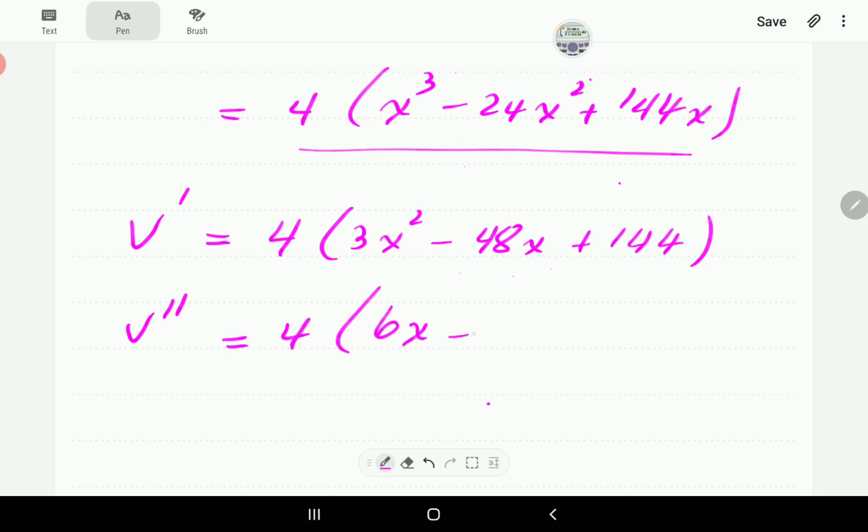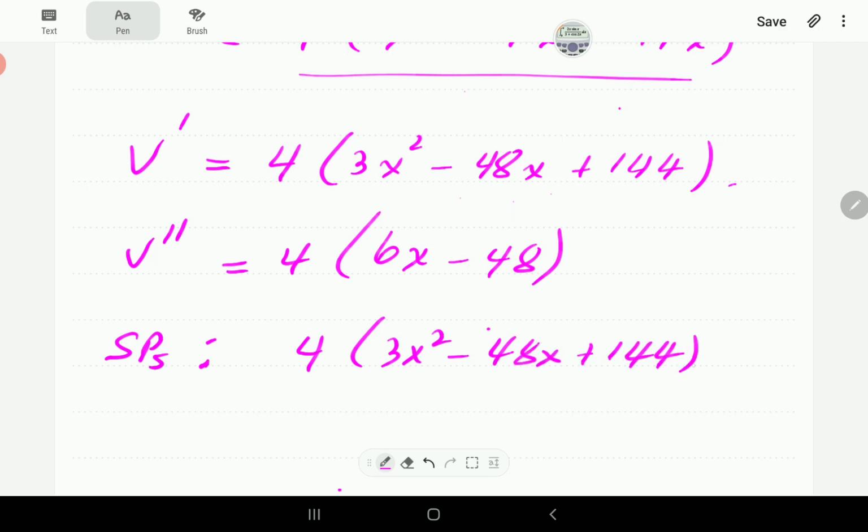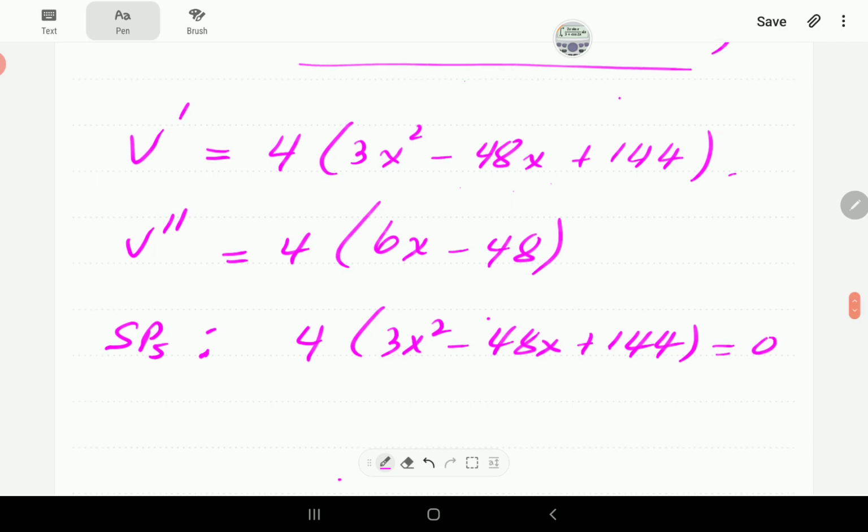It's going to be 6x minus 48 here. So now let's find the stationary points. We need to take this and equate it to 0. So 4 into 3x squared minus 48x plus 144 equal to 0.